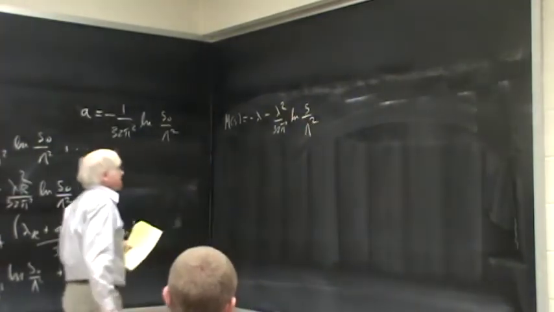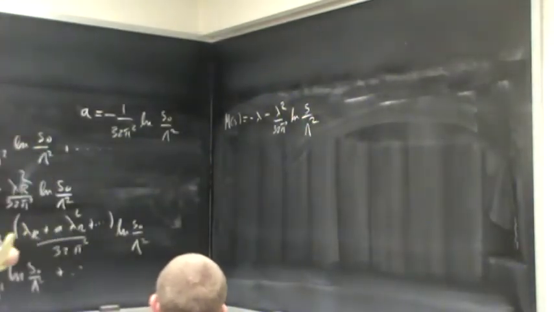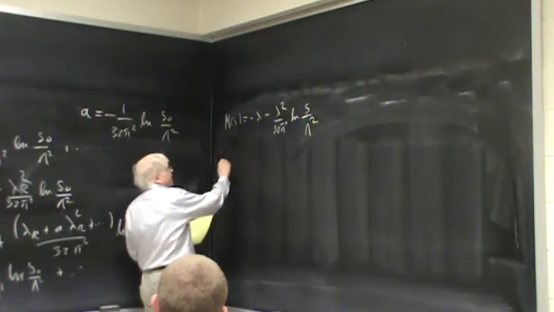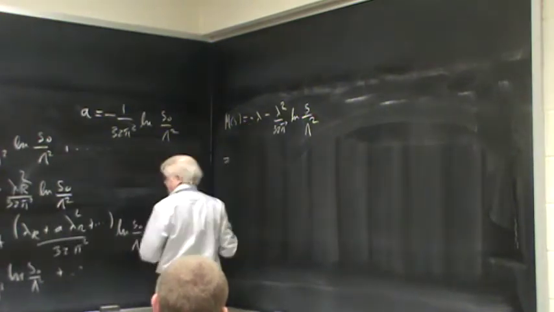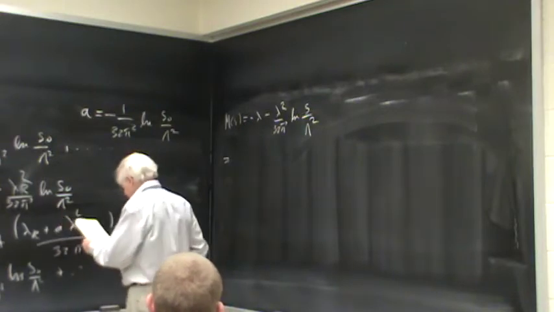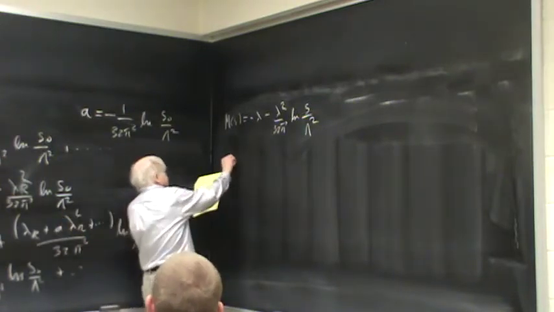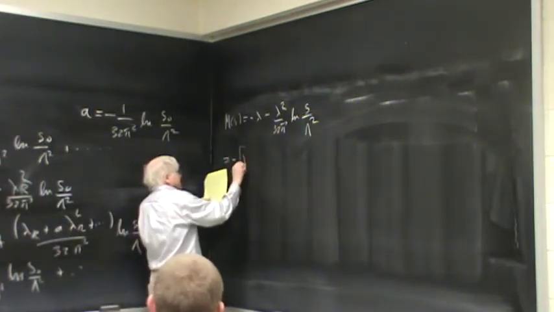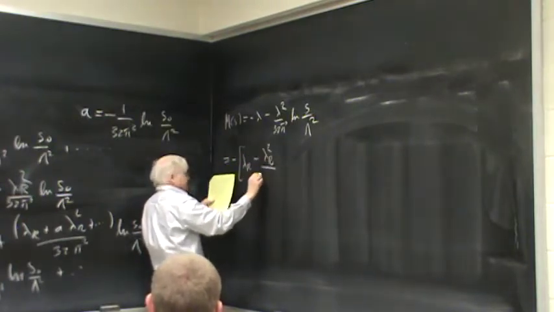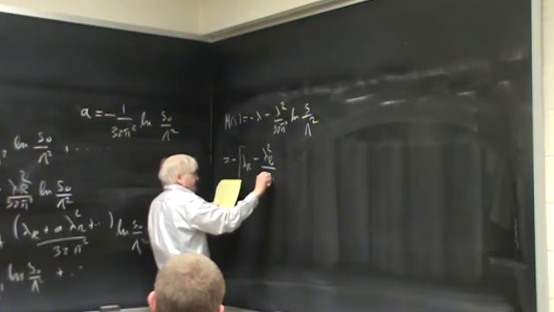Well, this is just what we would get from the original Lagrangian going to one loop and putting in a cutoff. But now we're going to write lambda like this. And so this is minus lambda r minus lambda r squared, lambda r meaning the finite one.